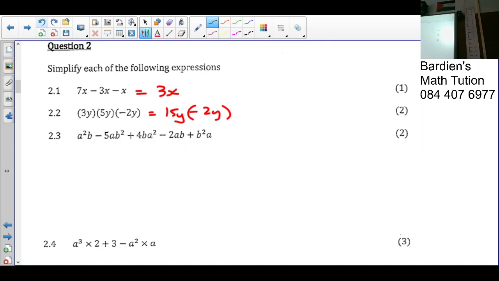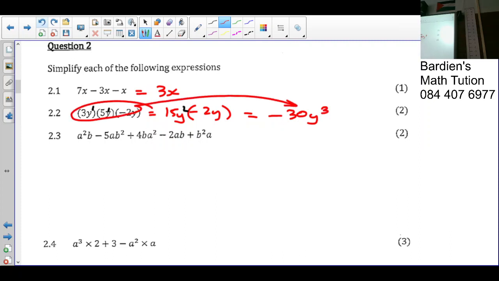Why? When you're multiplying and bases are the same, you add the exponents. So what's positive times negative? Negative. 15 times 2? 30. Y squared times y? Y cubed. Otherwise you could have gone from this straight into that answer, it's no problem. Okay.